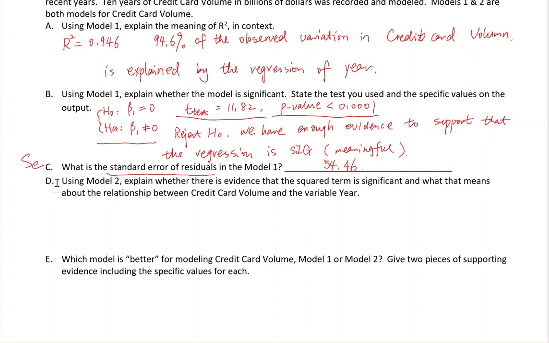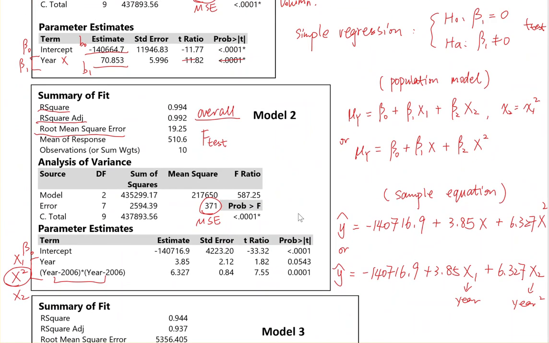So number D. Using model 2, explain whether there is evidence that the square term is significant and what that means about the relationship between the credit card volume and the variable year. All right, so what does that mean? It means we want to test whether the square term is significant. Actually what are we testing about? What is the square term in model 2?